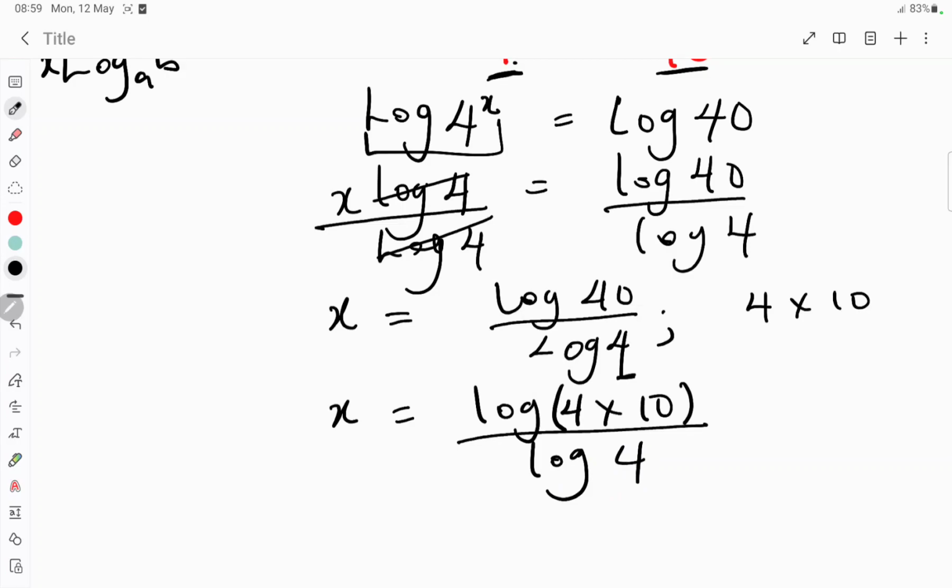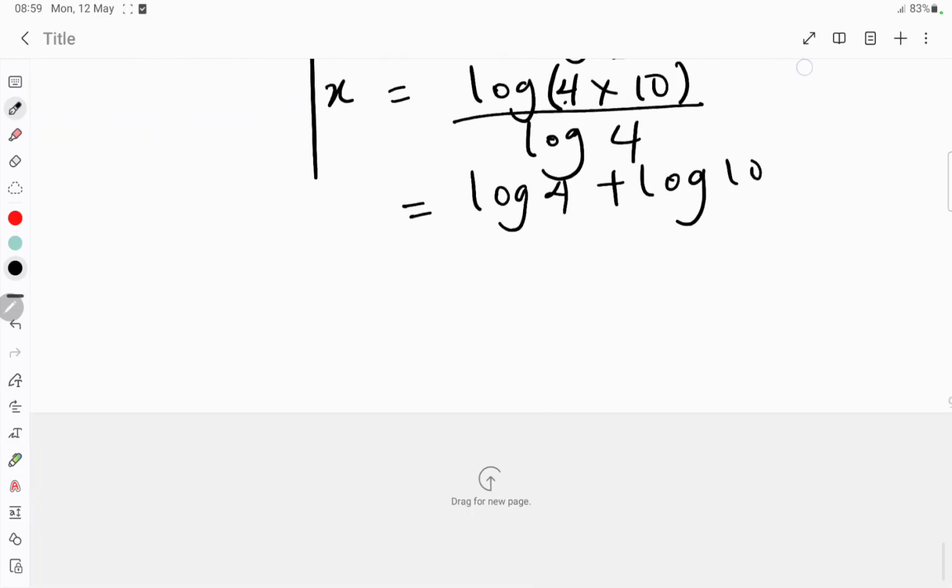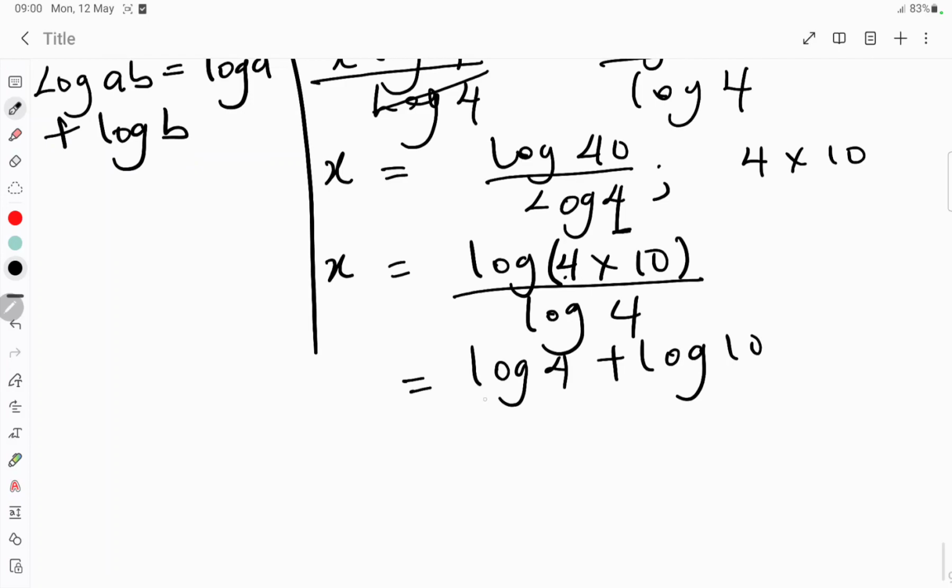Then again, we apply the law of logarithm, which says that log of a product of numbers is the same thing as log of A plus log of B. So since we have 4 times 10, we apply the rule, and this will give us log 4 plus log 10, divided by log 4.